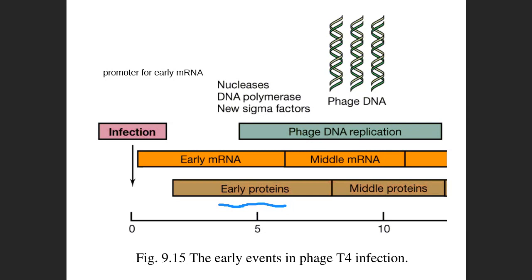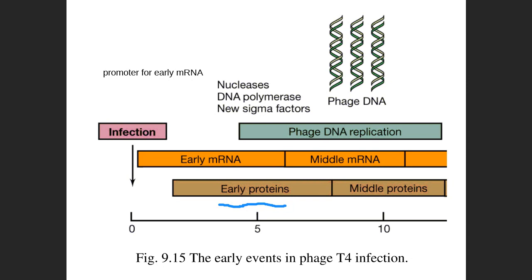Well, the early proteins mainly have these three types of enzyme. Nuclease. What's nuclease? Anyone want to guess? Nuclease is the enzyme that cuts the DNA, right? So now this nuclease is digesting the host's DNA.